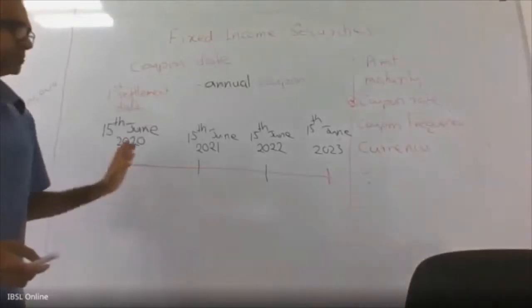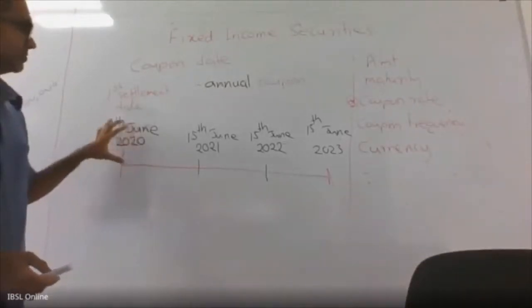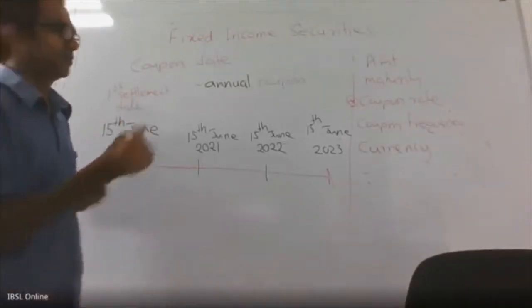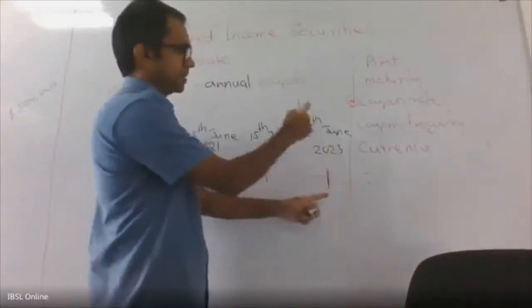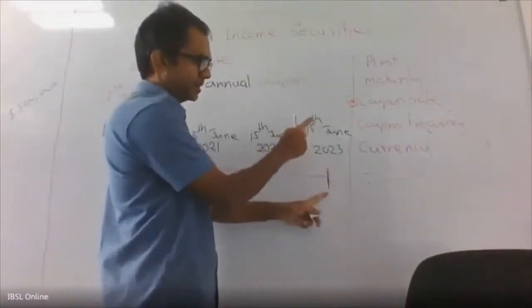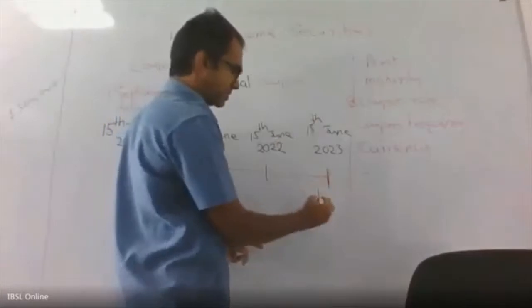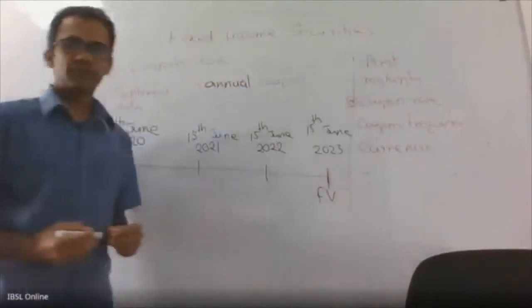If this bond is for a 3-year maturity, on this date you will get the coupon payment plus the face value.